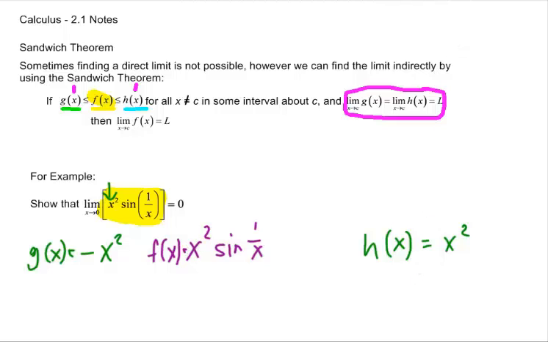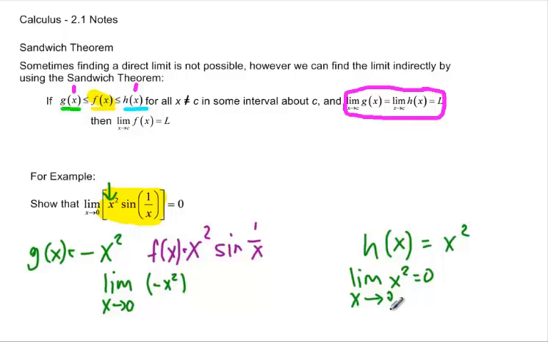Well, what do I do? We're going to look at the limit as x approaches 0. That part doesn't change. But now instead of looking at this purple equation here, we're going to look at negative x squared. And then over here, the limit as x approaches 0, we're going to look at positive x squared.